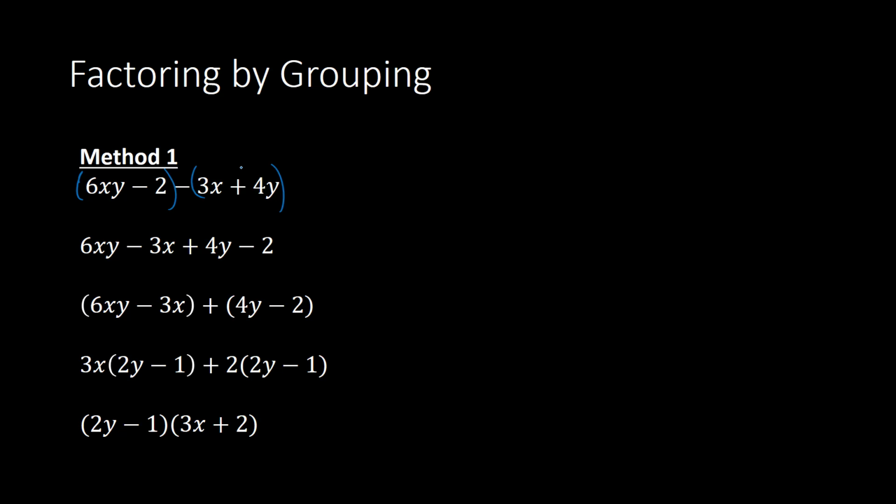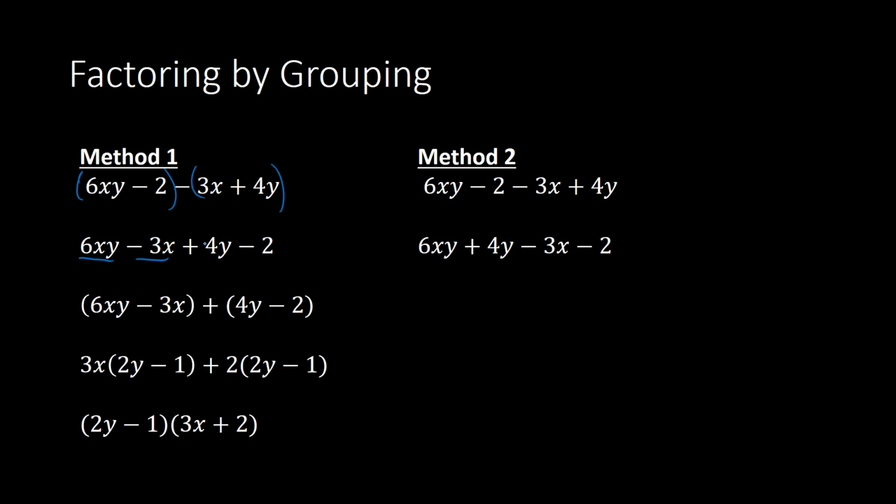So for the second method, I can rearrange differently, and instead of putting the 6xy with a negative 3x, I could put the 6xy with the 4y. So I could put the 4y here, and then the negative 3x minus 2 together. Okay?